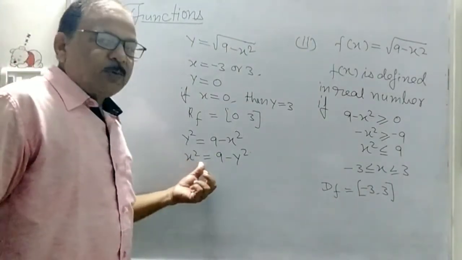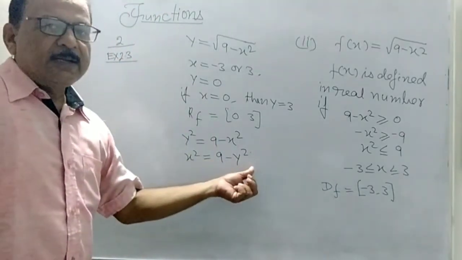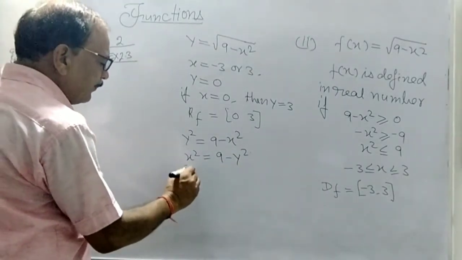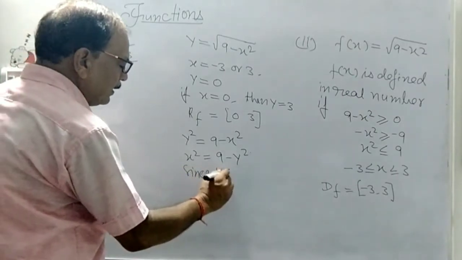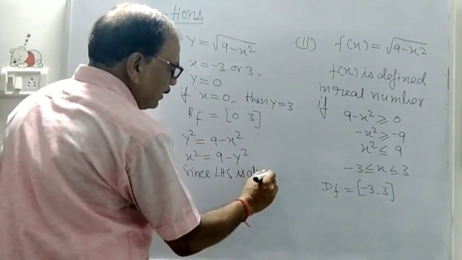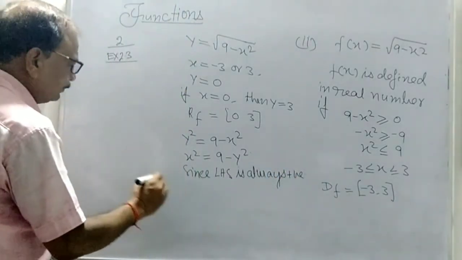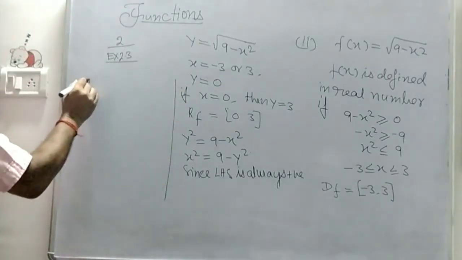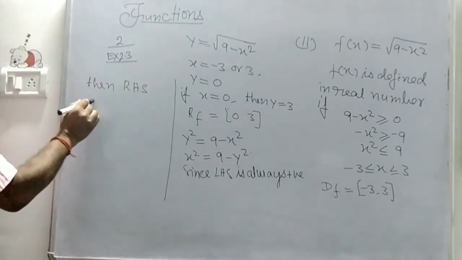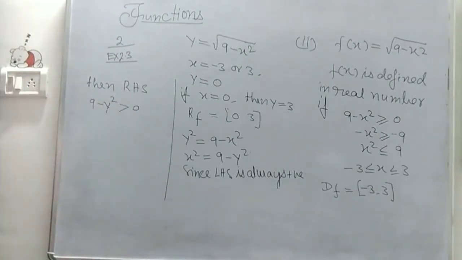Since the left hand side is always positive, the right hand side, 9 minus y square, is also greater than or equal to 0.